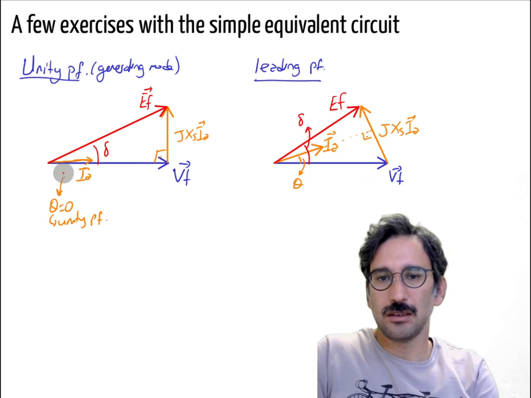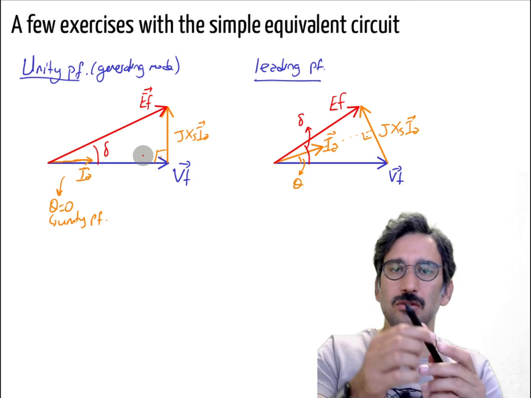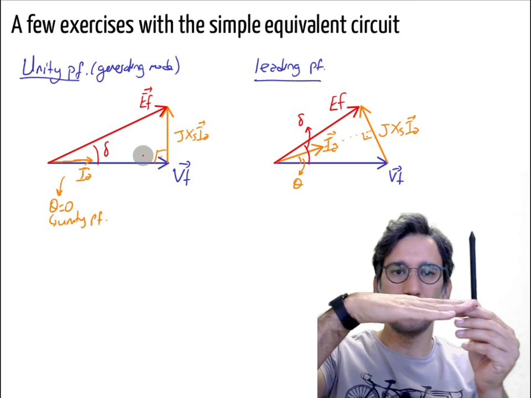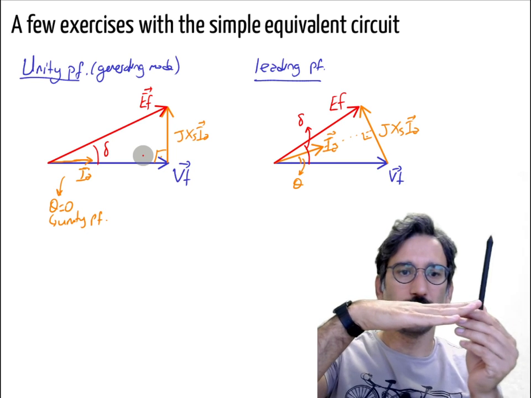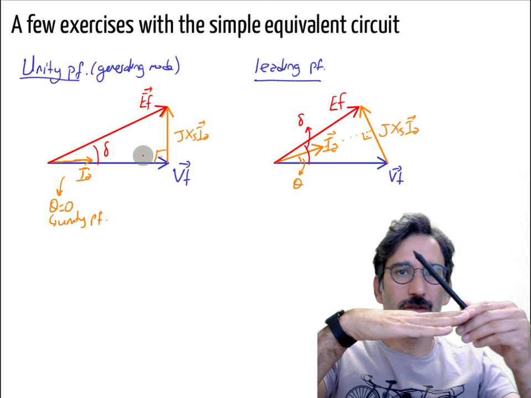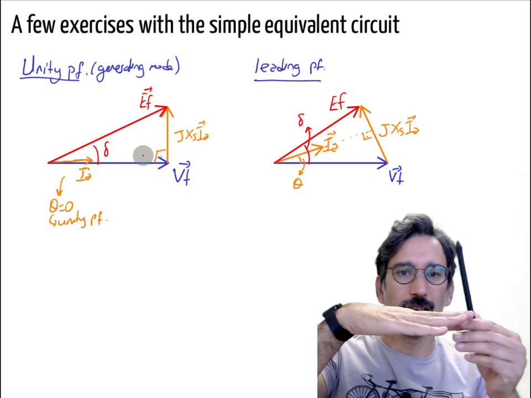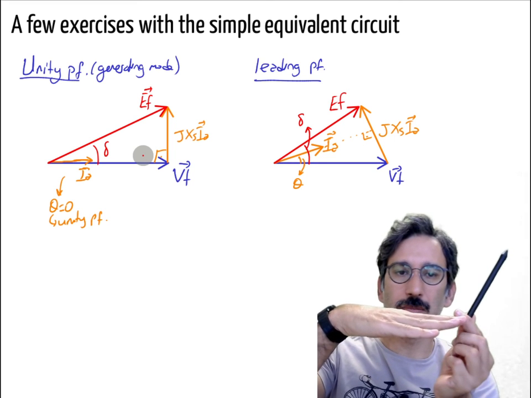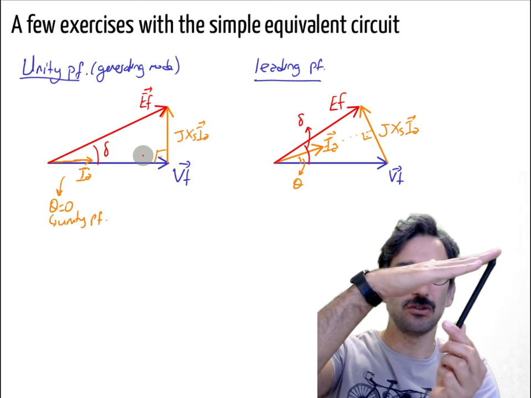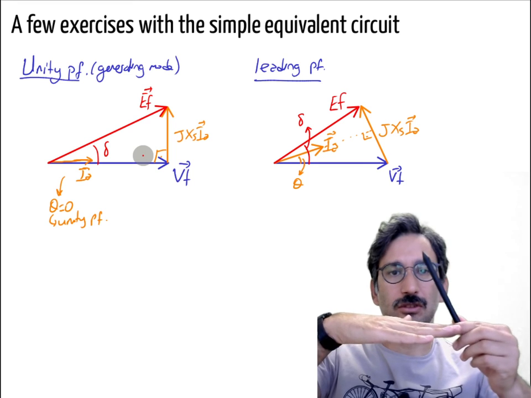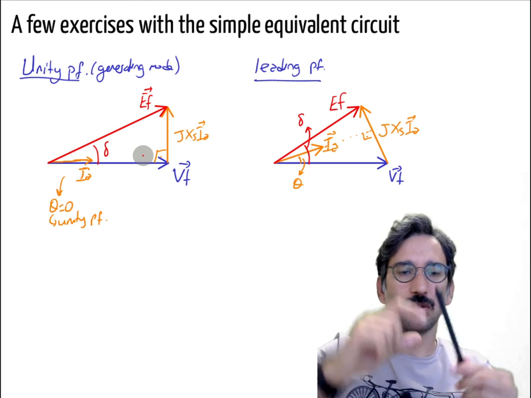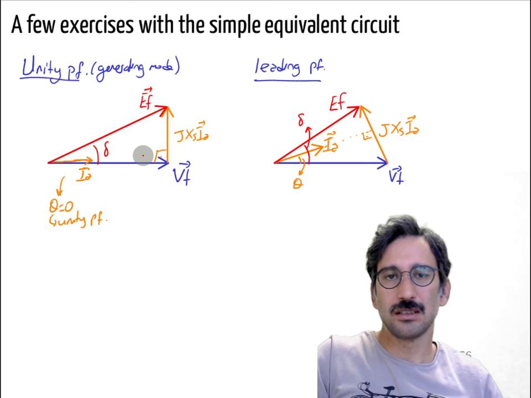So the important thing is, if you think of these two phasors, if you move that vector, for the lagging power factor, EF should be large, and for the leading power factor, EF can become smaller.